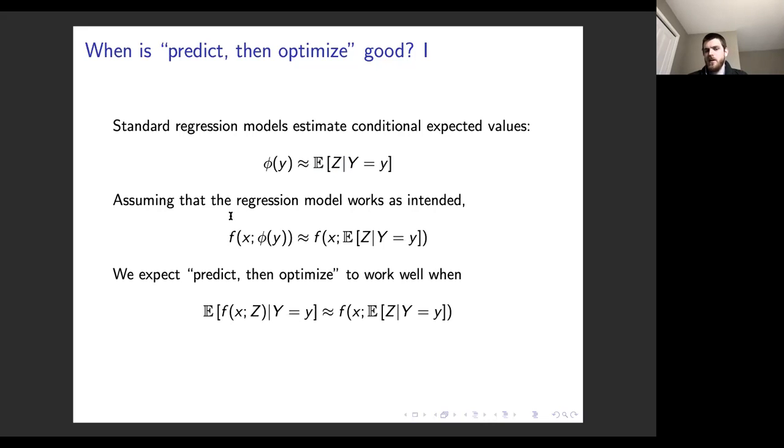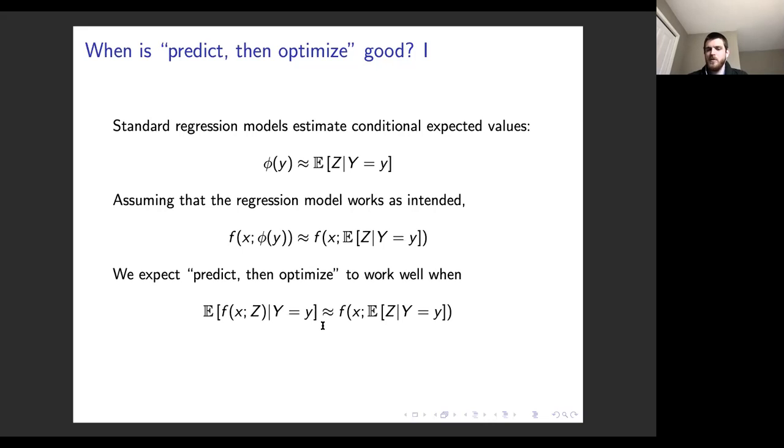Assuming your regression model worked the way you wanted, what you now have is approximately your objective function of whatever action you're taking with this conditional expectation plugged in for the side information. So we expect this to work well when the conditional expectation of the objective function is approximately equal to the function applied to the conditional expectation.